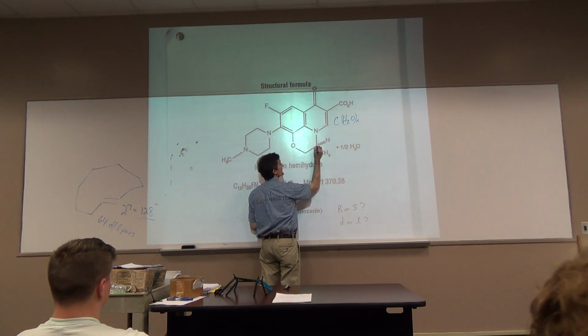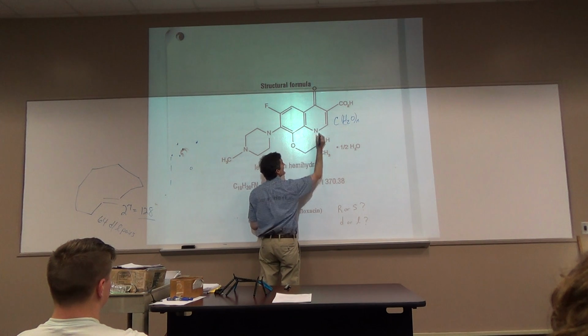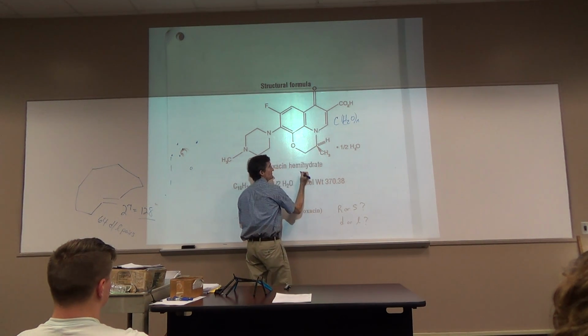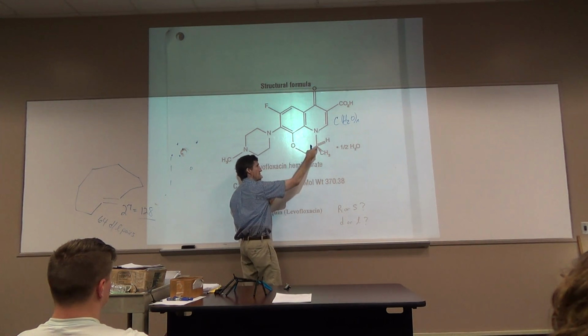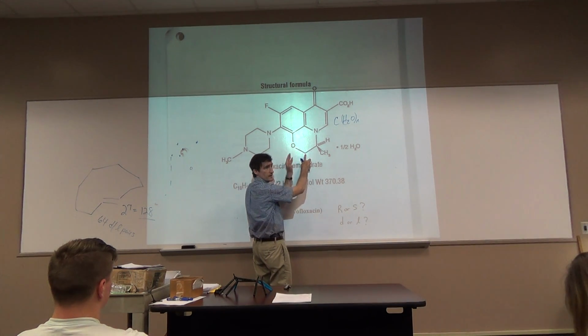What's the high priority group on this carbon? Nitrogen, carbon, or carbon? So the nitrogen. Nitrogen is 1. This oxygen is not bonded to this carbon.